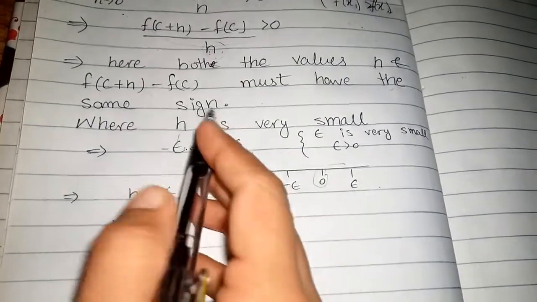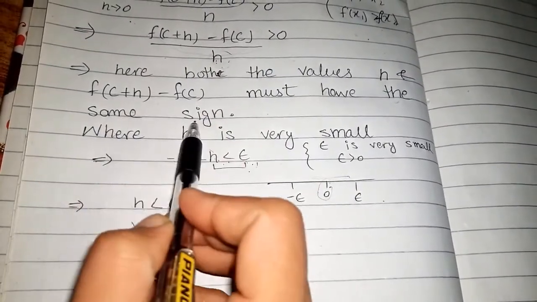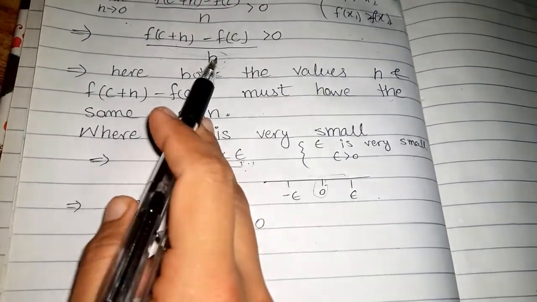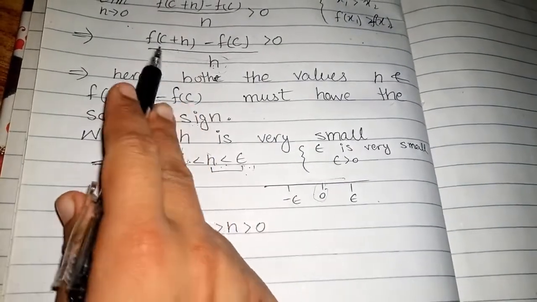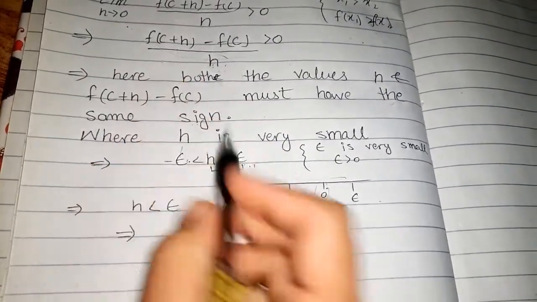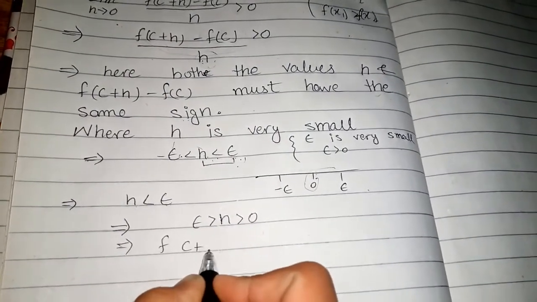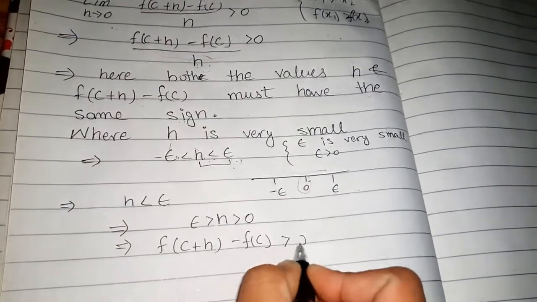This is only for h. If we take this value, we assume the same sign. Then if h is greater than 0, the other value is also greater than 0. This implies that f of c plus h minus f of c is greater than 0.